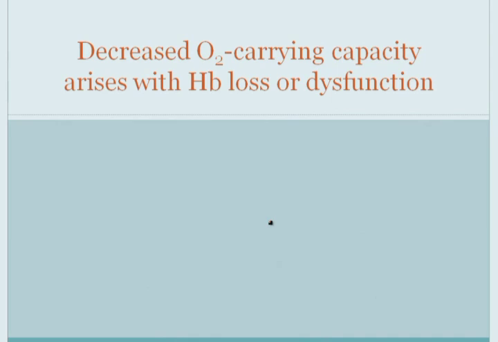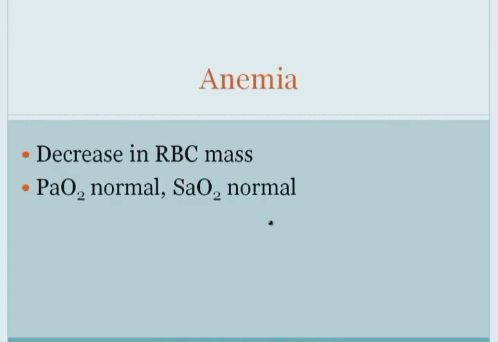Recall from physiology that the vast majority of the oxygen content of the blood is actually due to oxygen bound to hemoglobin. And so if you knock out the red blood cells, or if you knock out the ability of the red blood cell hemoglobin to carry oxygen, that will also result in hypoxia within a tissue.